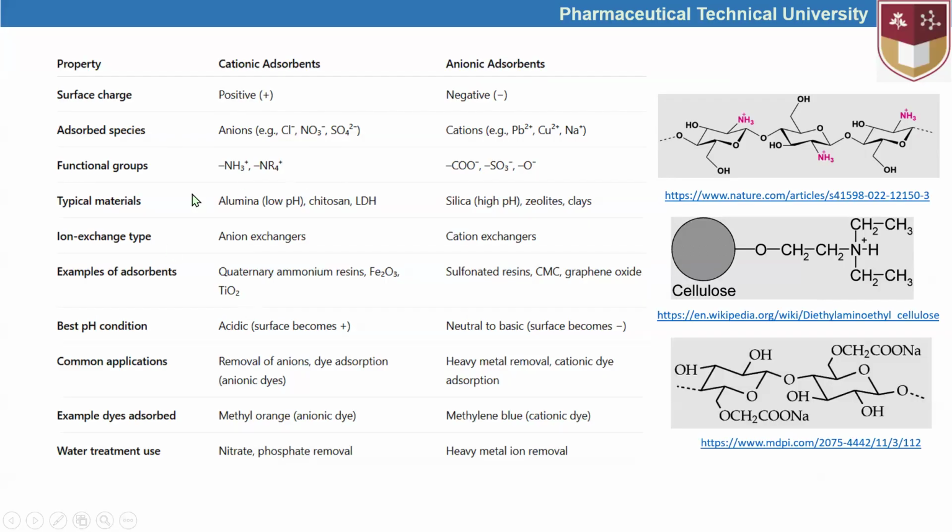Here we can see one example, a typical material like chitosan. Chitosan and chitin are natural polysaccharides holding different ratios of amino groups or acetylated amino groups. Chitin is the second most abundant polysaccharide after cellulose on the planet. It is the exoskeleton of insects and the protecting polymer of fungi.